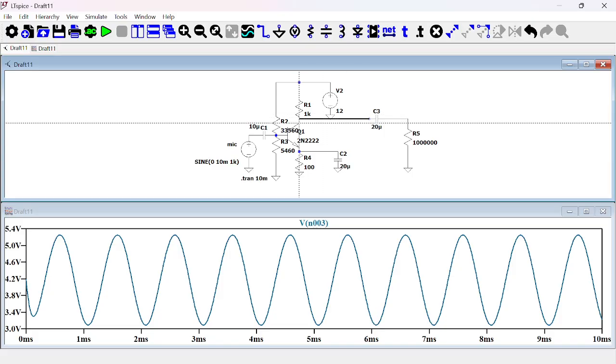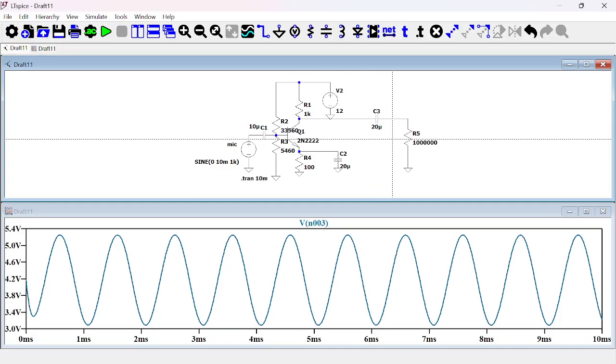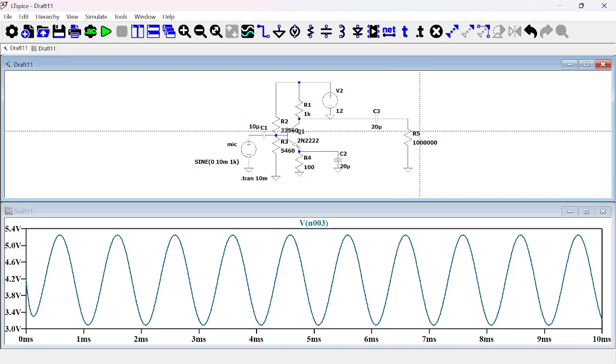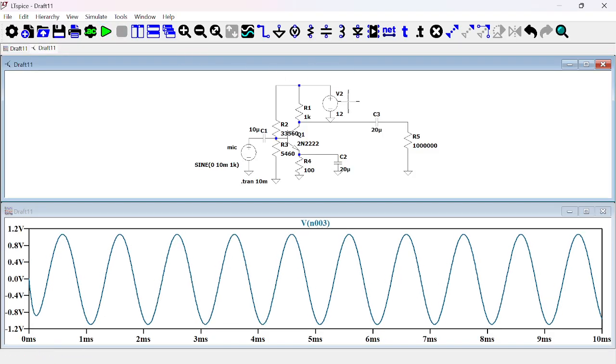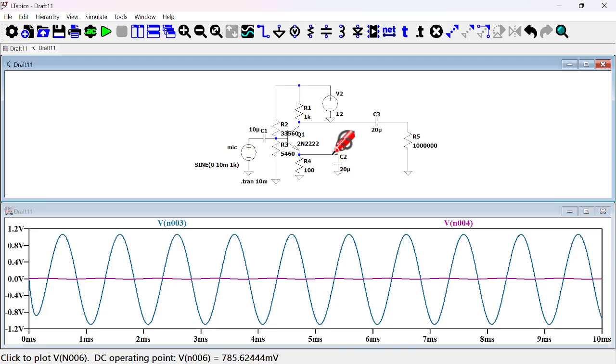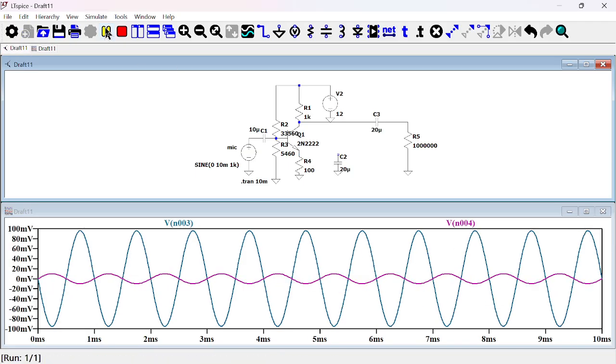So I'll just separate with a capacitor, and this is representing an open circuit. Now we see the output alone, and comparing it to the input, you see the significant gain. If I take out the bypass capacitor, the output reduces significantly.